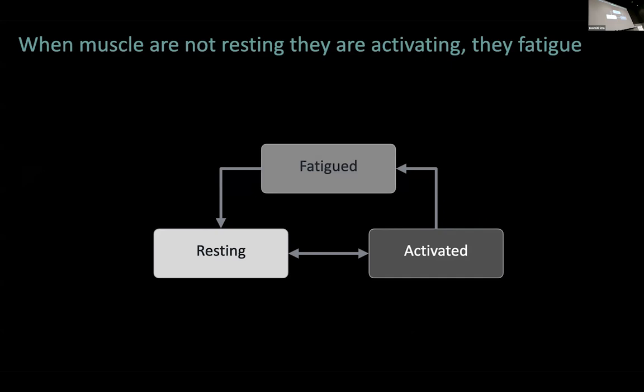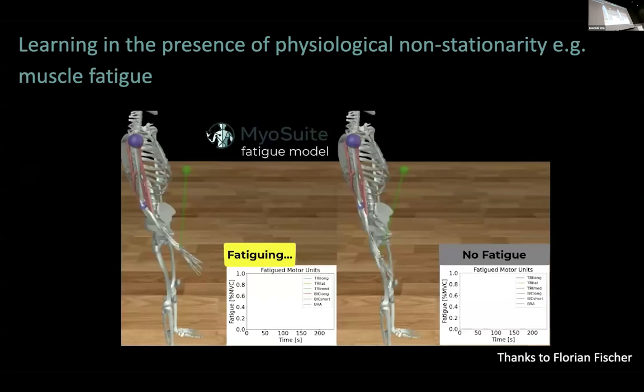It's a continuous balance between rest and activation, so that when the muscle is activated it starts fatiguing, and when it's rested, it recovers from the fatigue state. This is an example, thanks to Florian Fischer, who has been leading this integration. On the left, there is a model with a fatigued muscle, on the right, a non-fatigued muscle.